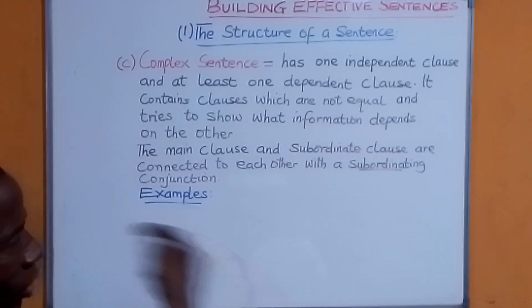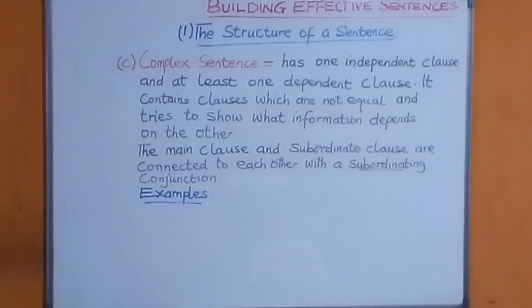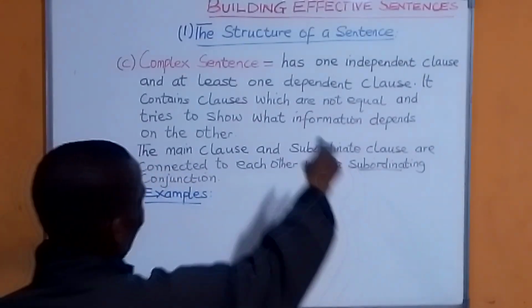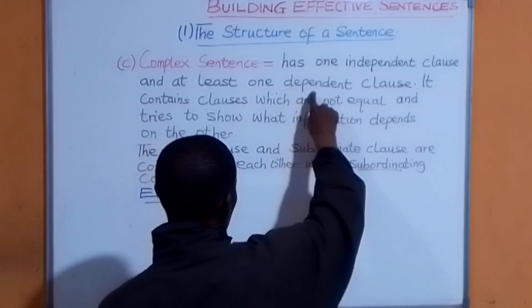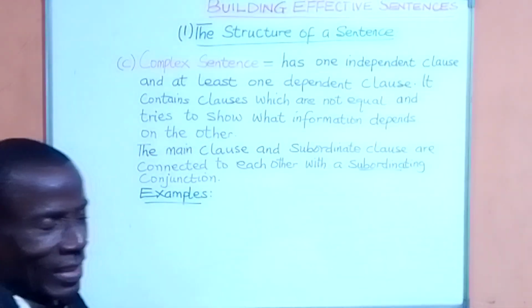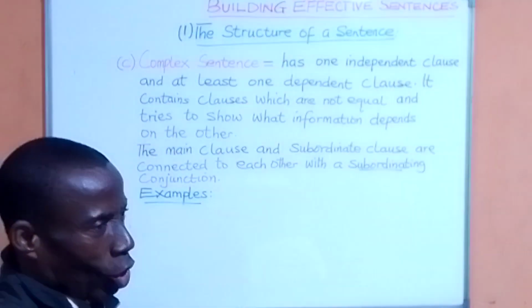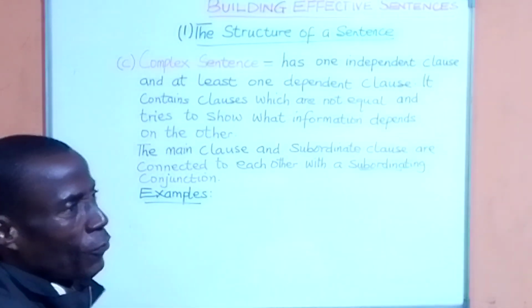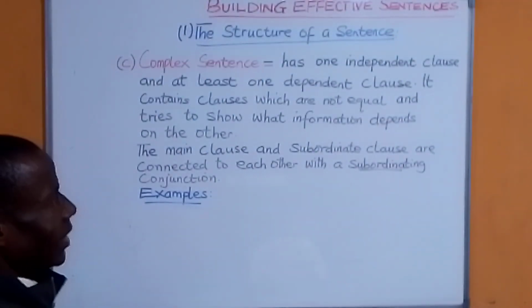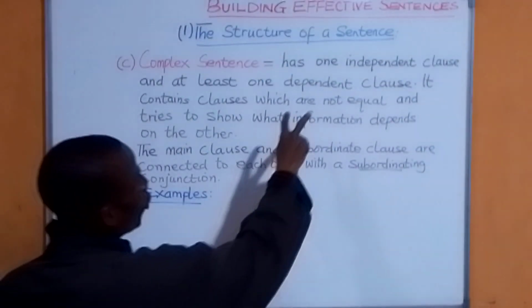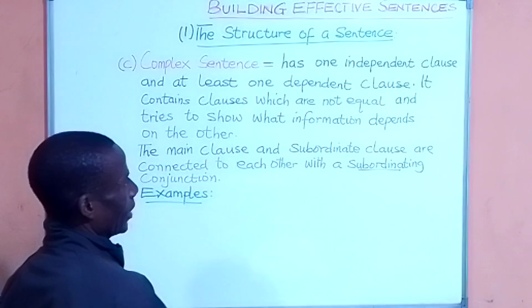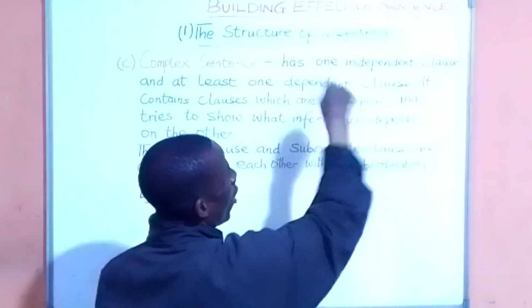The second clause is dependent, depending on the first clause. That means the second clause cannot come if not for the first clause.